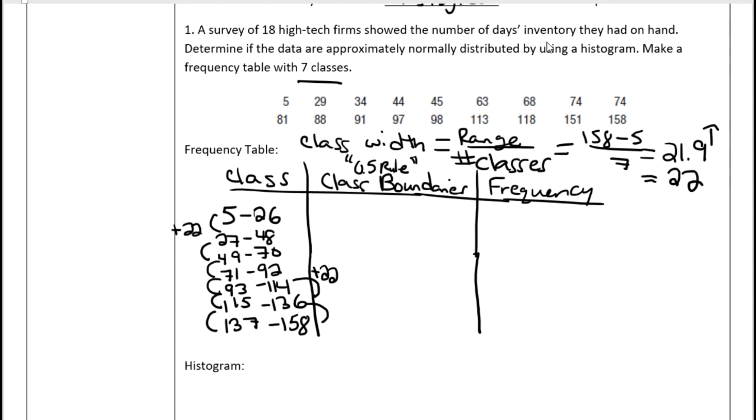So 5 minus 0.5 is 4.5, and 26 plus 0.5 is 26.5. 27 minus 0.5 is 26.5. 48 plus 0.5 is 48.5, and then you continue the pattern. I'm going to go ahead and erase this just so I have more room.